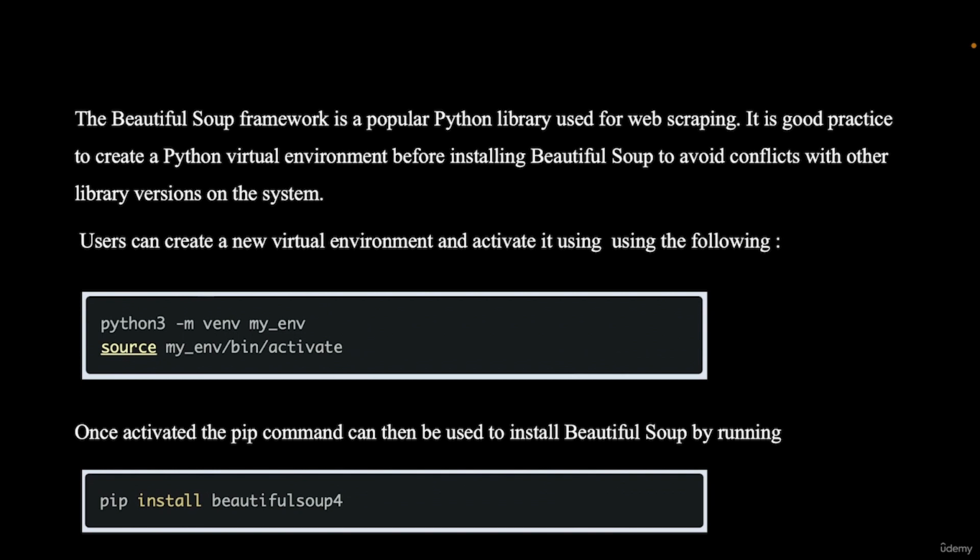So once activated, the command that you copied from the PyPI website can be run via the terminal, or the command line if you're on Windows. And by running the installation command, you get all the necessary packages in your virtual environment folder.